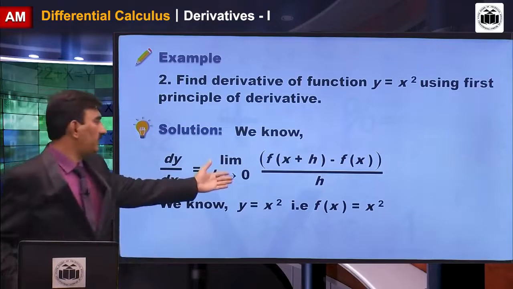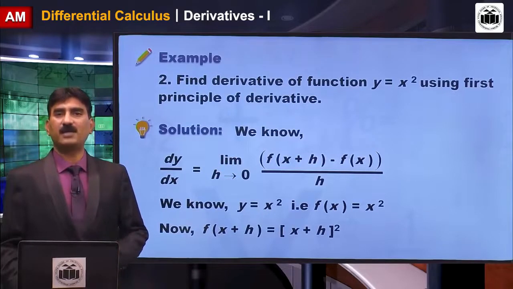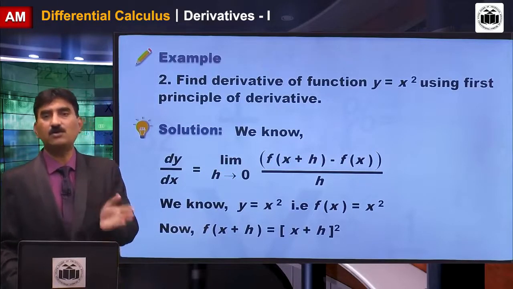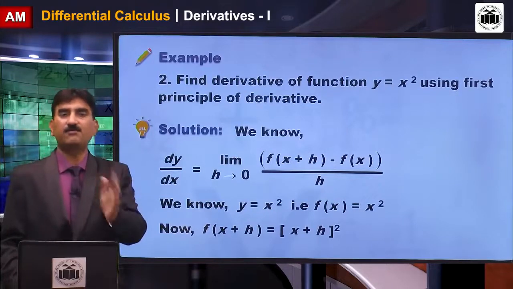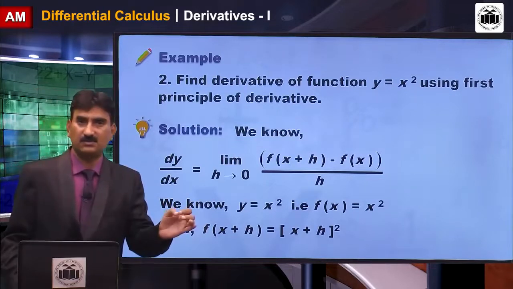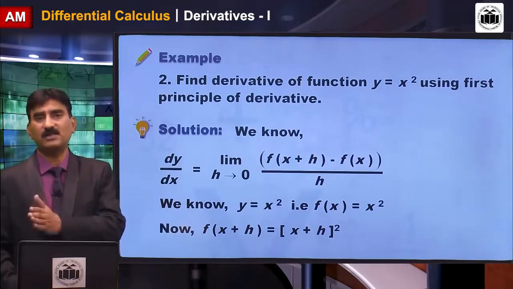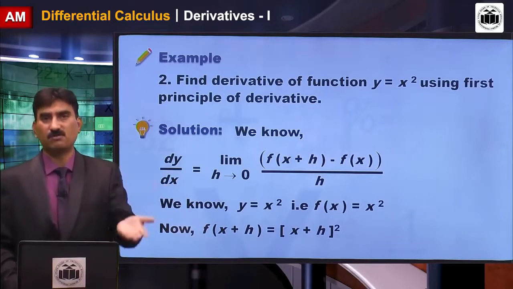So what we get here, f of x plus h? f of x plus h is equal to x plus h whole square, not x square plus h. So students, take care, when you take the increment h, you take the increment only in x. If you write x square plus h, then it is wrong. You write x plus h whole square.